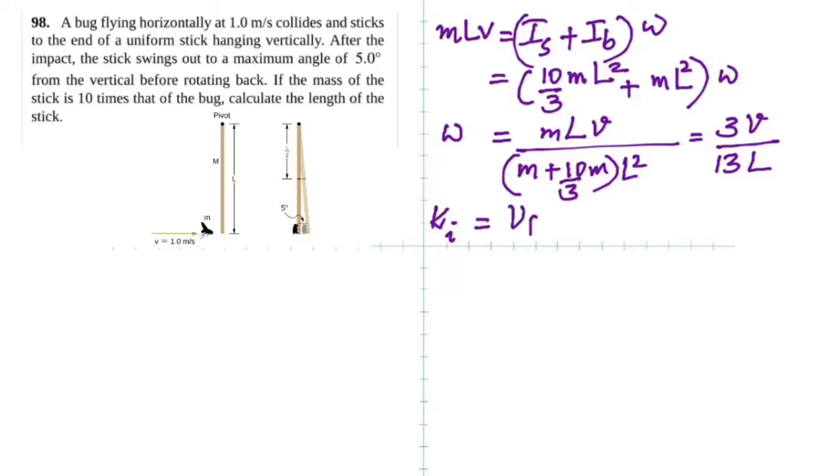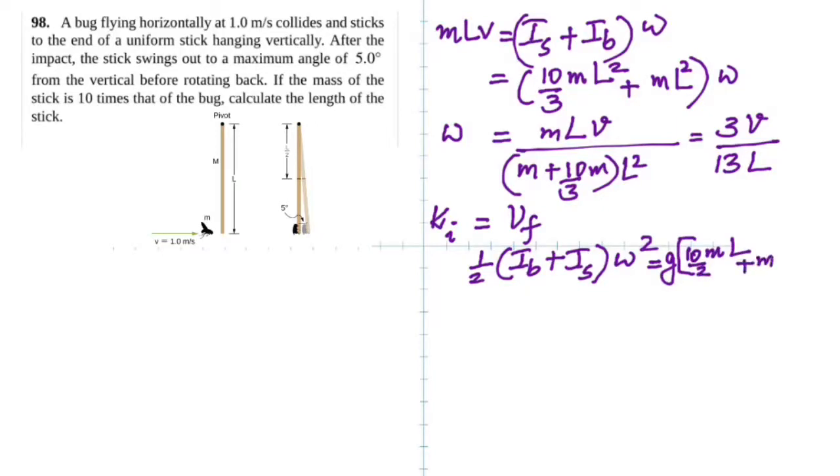And you can see that, all right, that is UF, okay. U stands for potential energy. So initially you have 1/2 the rotational energy of the bug plus the rotational energy of the stick, omega squared, swinging up becomes equal to the potential energy of the bug and the stick.